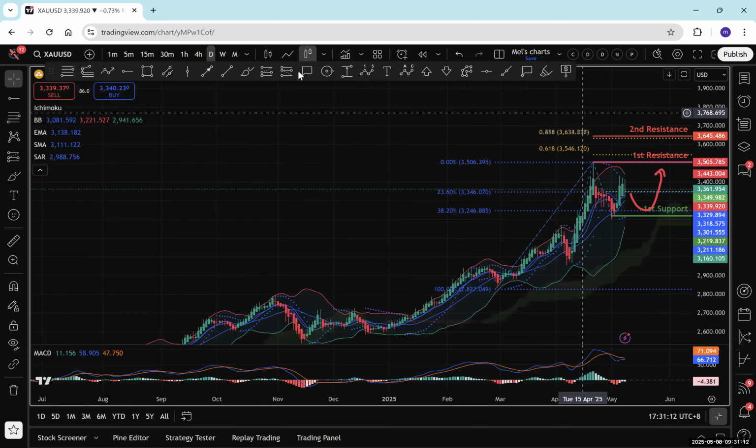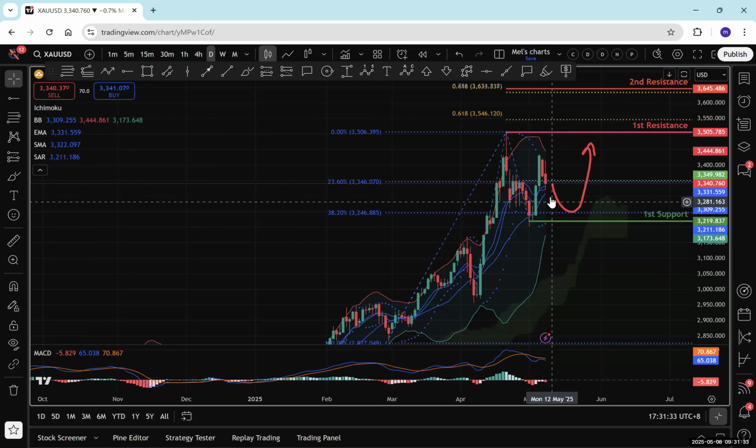Prices are recently moving above the EMA and SMA as well as the SAR. So this is a bullish signal, and that does support our analysis. Bollinger Bands aren't really telling us much right now, so I'm going to remove that, and MACD as well.